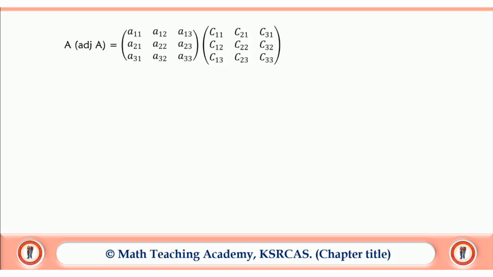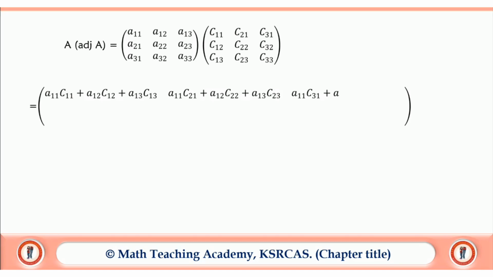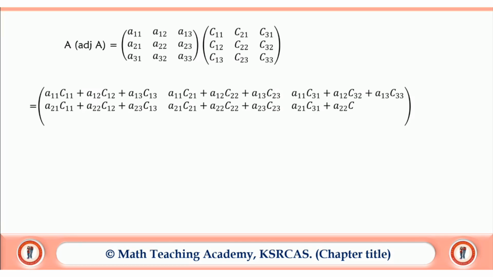Now we are going to multiply these two matrices. Then what you get is the resultant of the product of the above two matrices. Now have a look at every term of the resultant matrix.